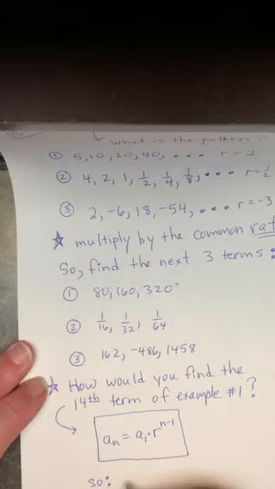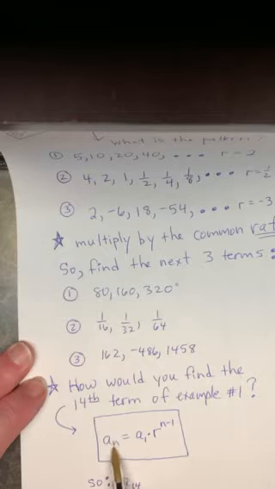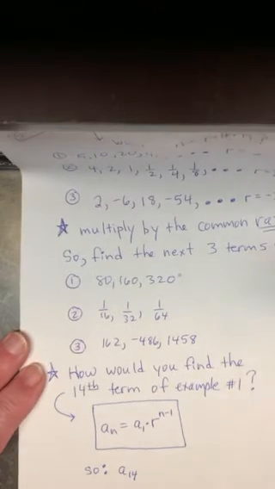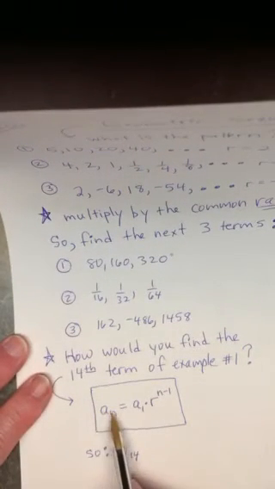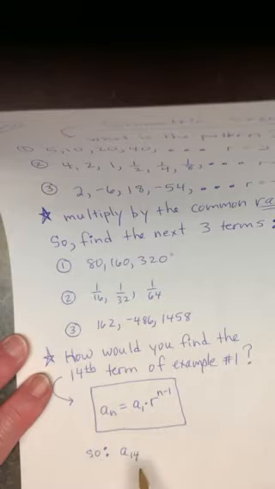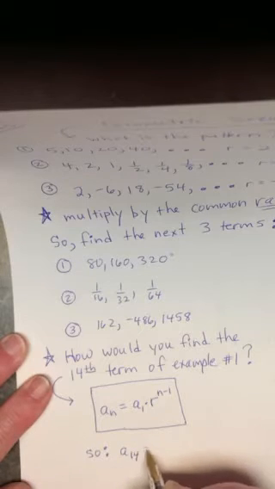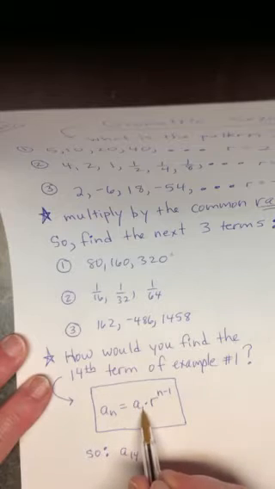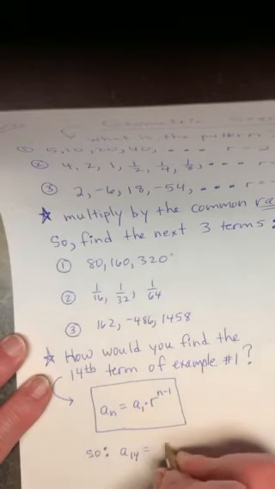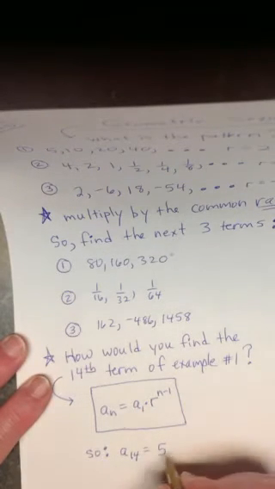Watch how easy. A sub 14, right? We're looking for the 14th term. So guys, n is 14 in this problem, isn't it? Because we're looking for the 14th number. A sub n would be a sub 14. So n is 14. A sub 14 equals, you take a sub 1, the first term, which was what? 5, right?